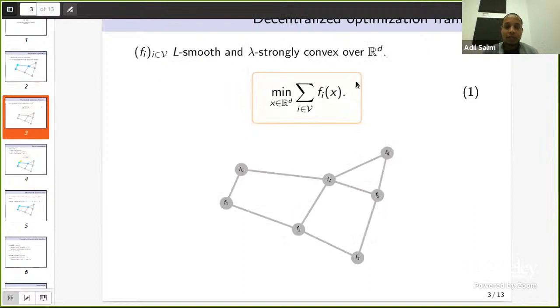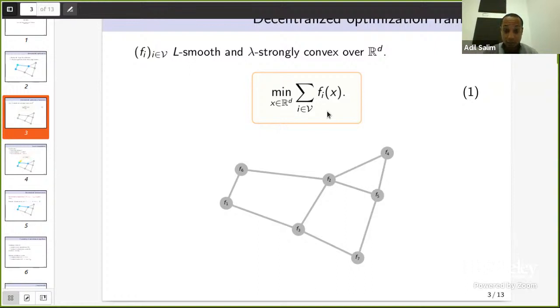So what does it mean mathematically? We can often reformulate this problem as an optimization problem: we want to minimize the sum of the functions fi distributively across the nodes. In this work, we assume that the functions fi are smooth and lambda strongly convex.